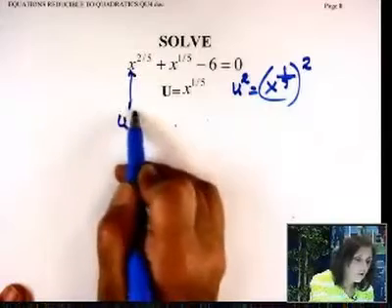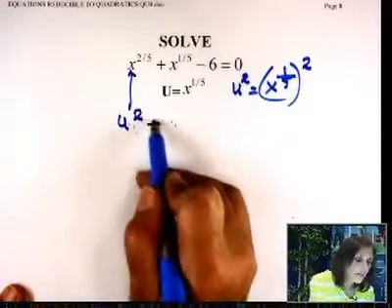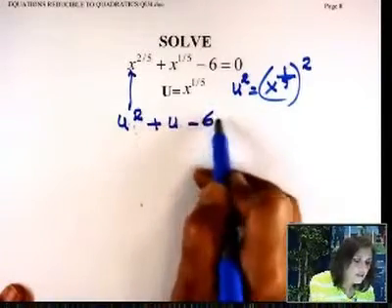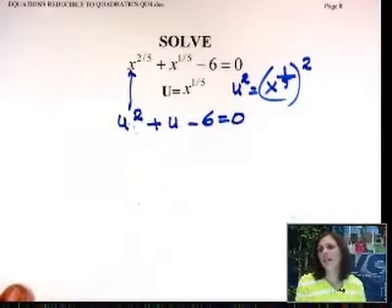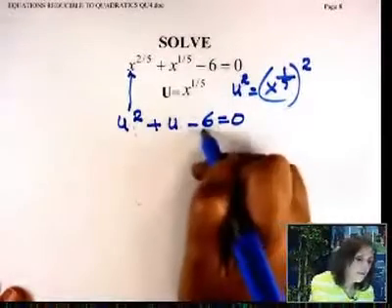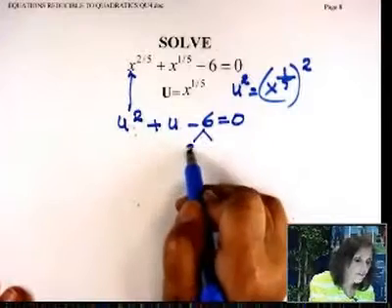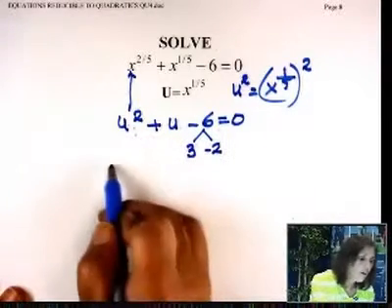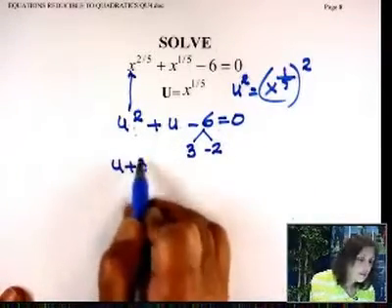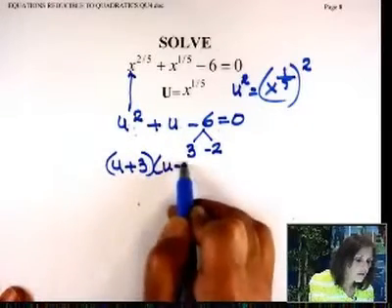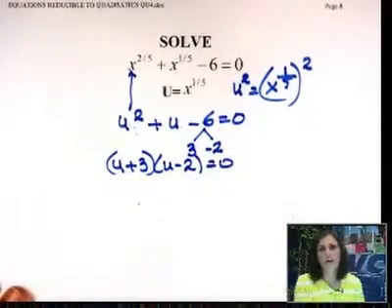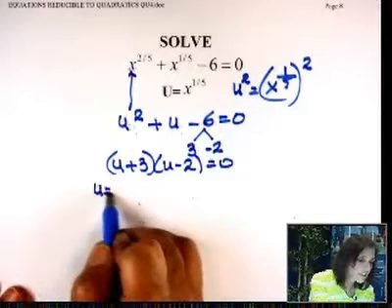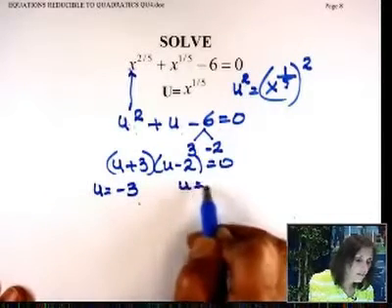That means u squared plus u minus 6. Okay, let's do it with product sum. This is the product sum of 3, negative 2. U plus 3, u minus 2. Set each factor to 0. U equals negative 3. U equals 2.